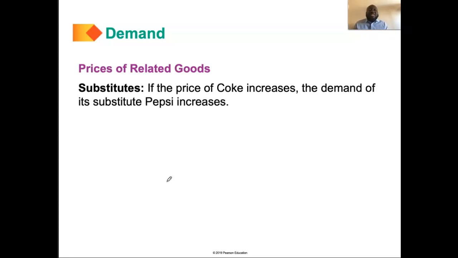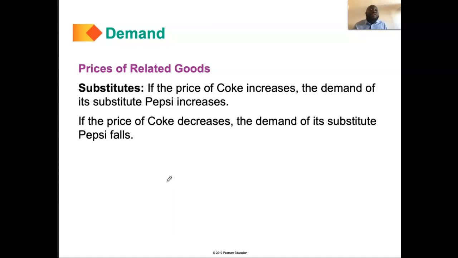And what you need to think about in terms of substitutes and complement goods is that for substitutes, if the price of Coke, for example, increases, the demand of a substitute increases as well, okay? So if the price of a good increases, the demand of a substitute increases as well, right? So if the price of Coke increases, Coke becomes relatively expensive, so the demand of Pepsi increases. Even though the price of Pepsi hasn't changed, because Coke is relatively expensive, the demand for Pepsi actually increases, okay?